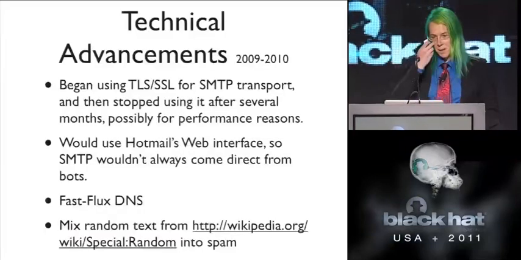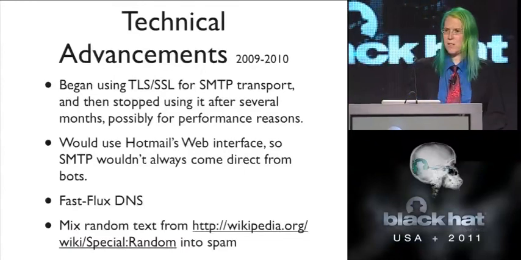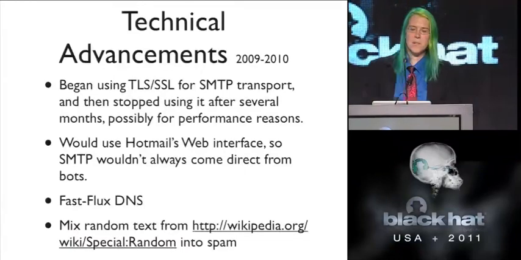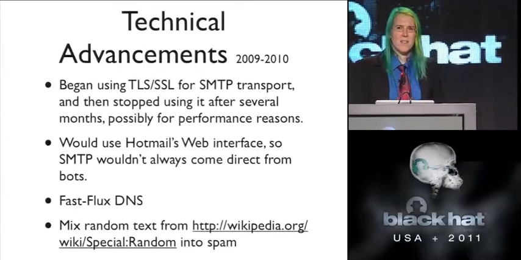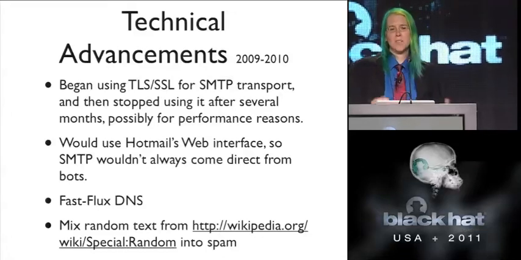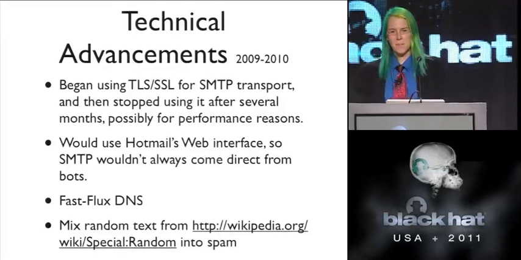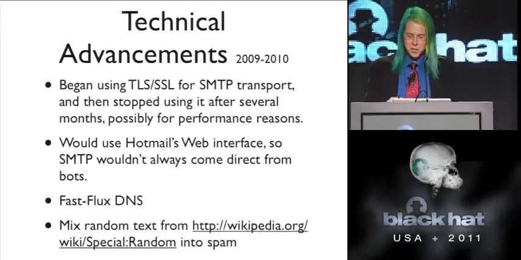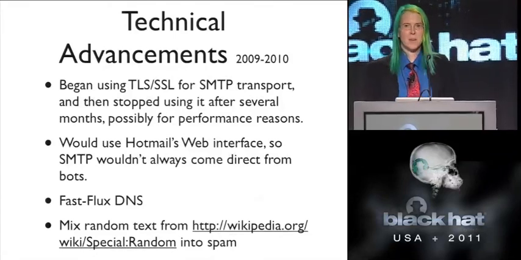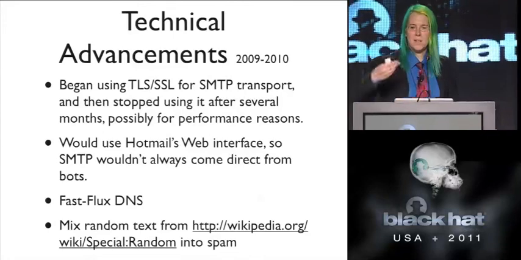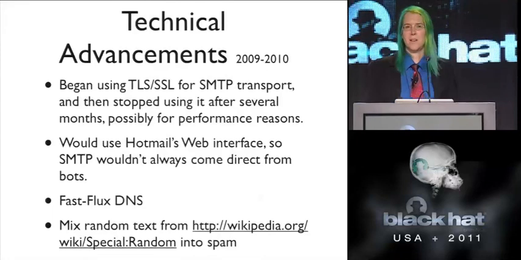So other changes, it started using SSL for doing the SMTP around the end of 2009, and it stopped in 2010, initially probably because a lot of heuristic spam classifiers will give an incoming message a higher score if it comes in transported over SSL.